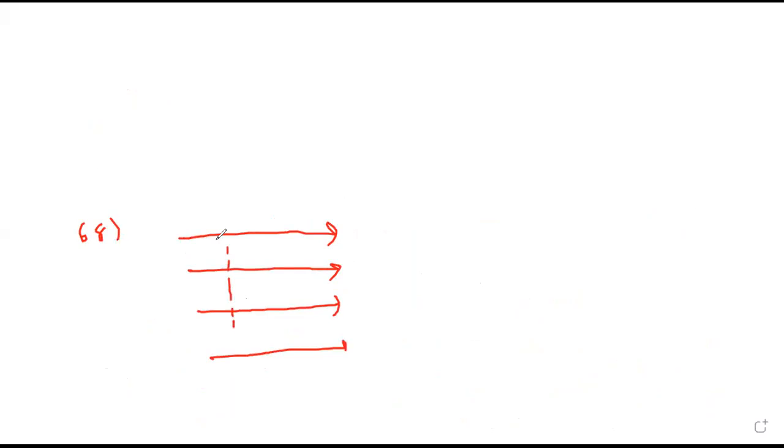This surface is perpendicular to E. That means it is an equipotential surface. And this is C. So clearly I can see VA will be the same as VB, which will be greater than VC. Check the option. VA equal to VB greater than VC, that is nothing but the option.